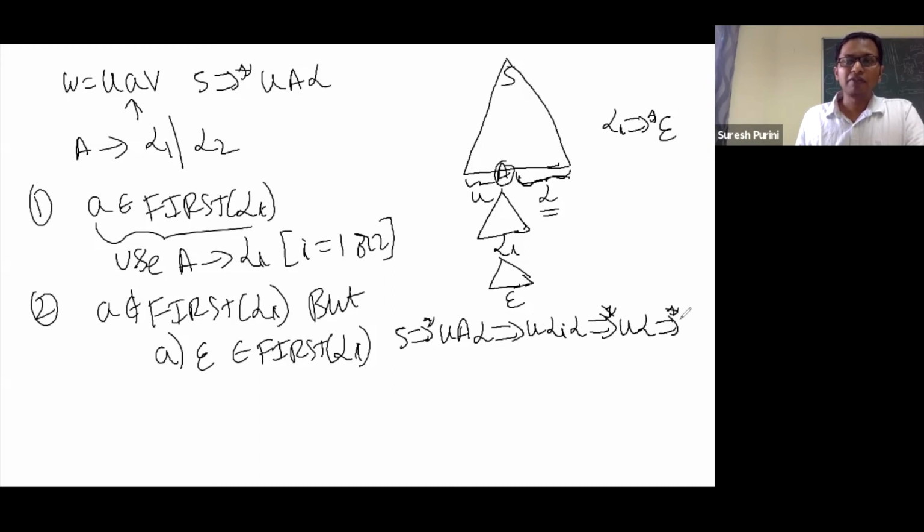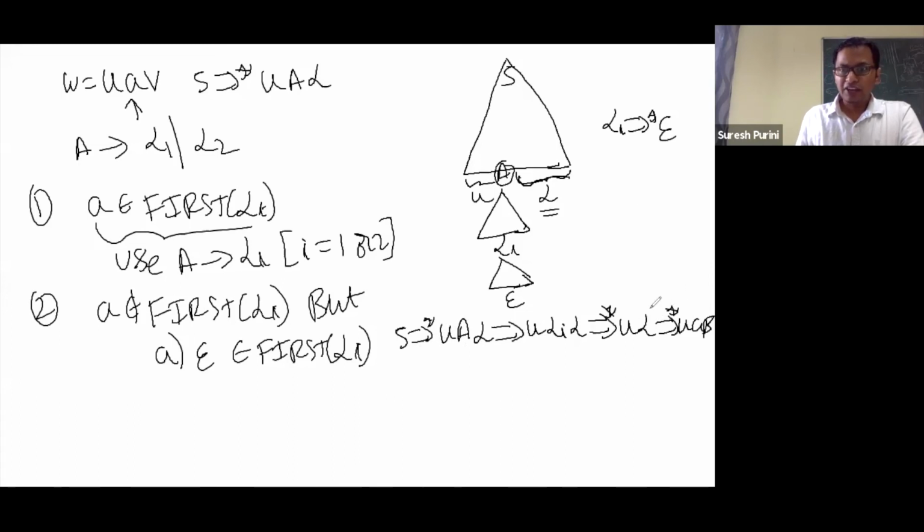And from alpha we might be able to generate the rest of the input string. This is a possible way in which the derivation can unfold.